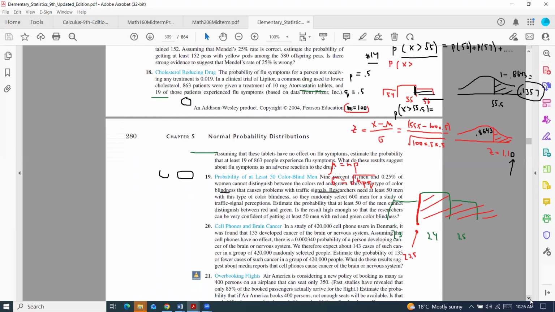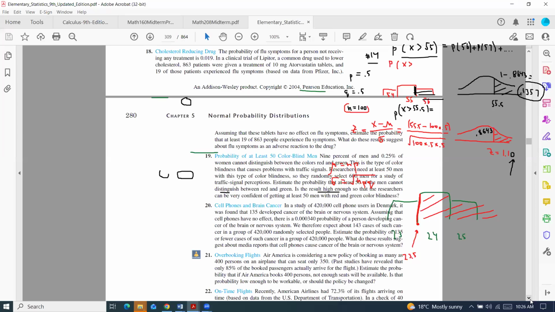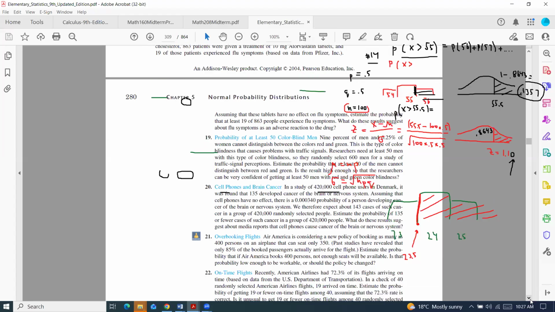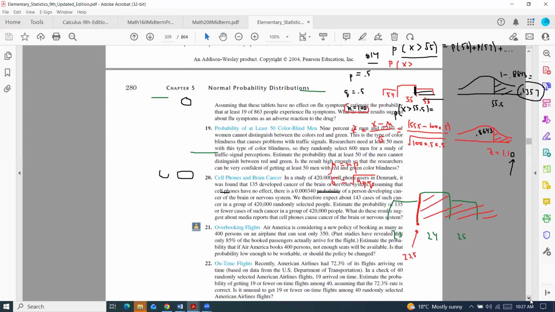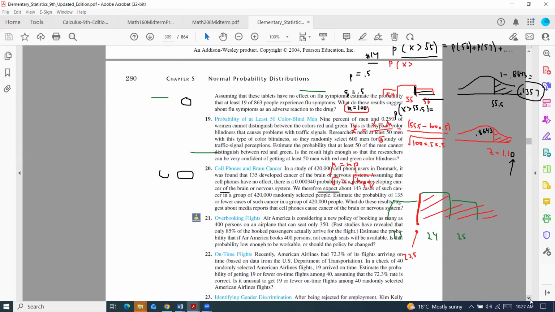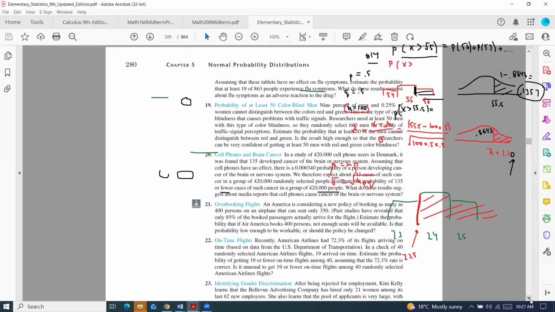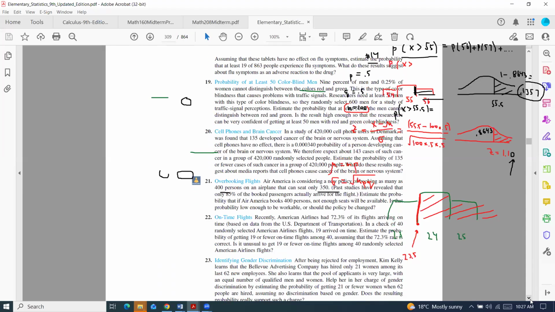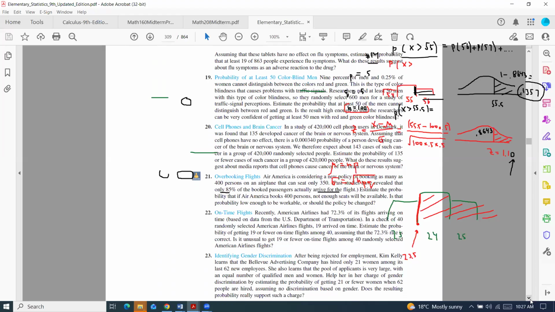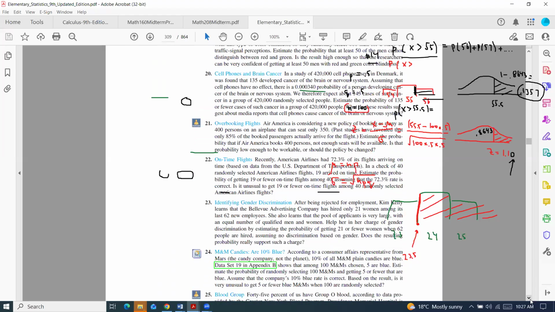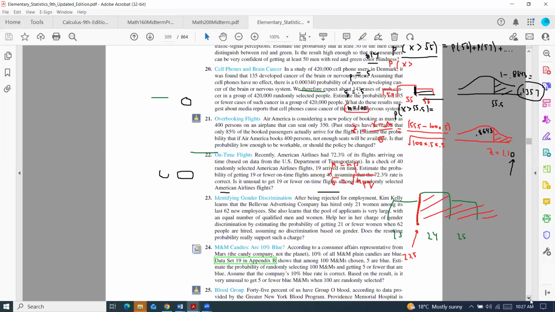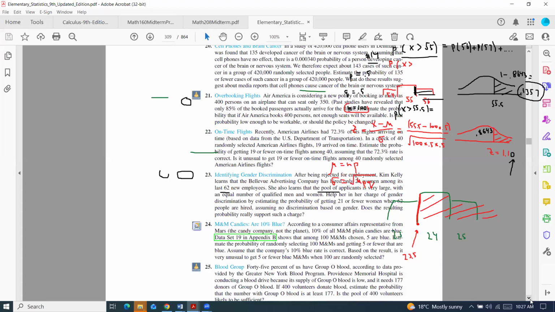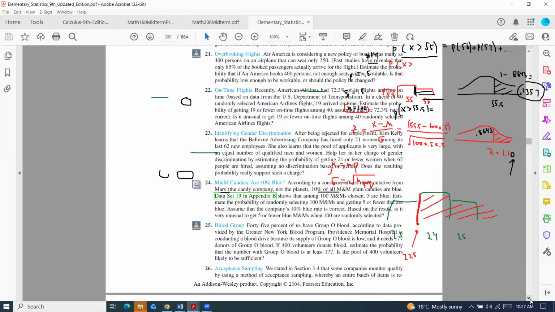As usual, there are all kinds of stories, and some of them look familiar, like cell phones and brain cancer, or American Airlines flights. I'm just trying to find exactly when they ask me to find 10 or 20, because those are ones I could do with a formula.